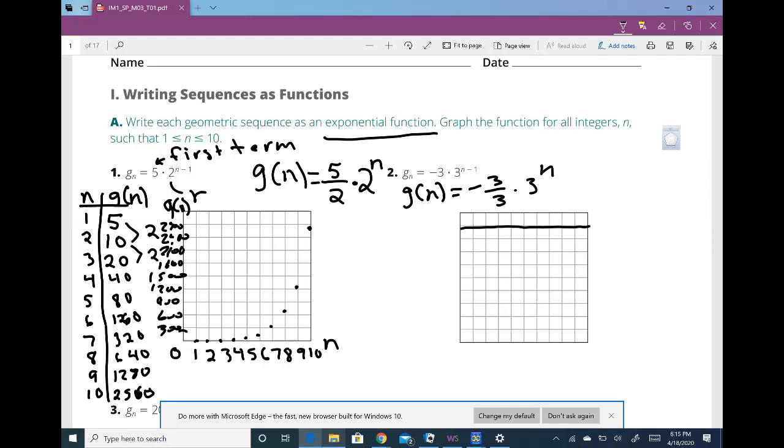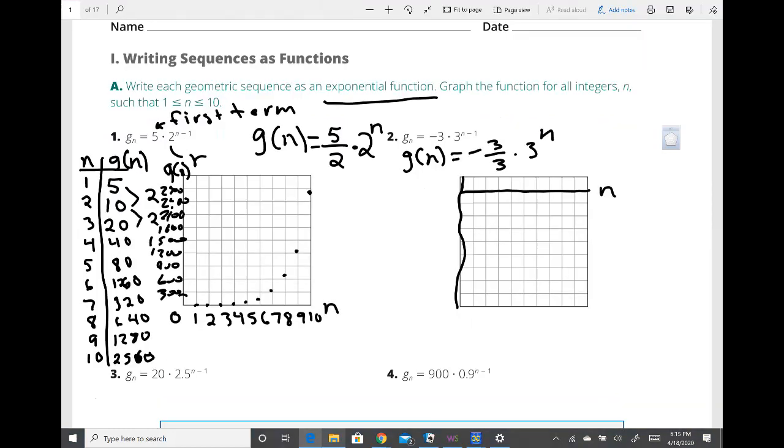So up here is going to be our n, and then here is going to be our g of n. Okay, so make the table. You can make the table over here.